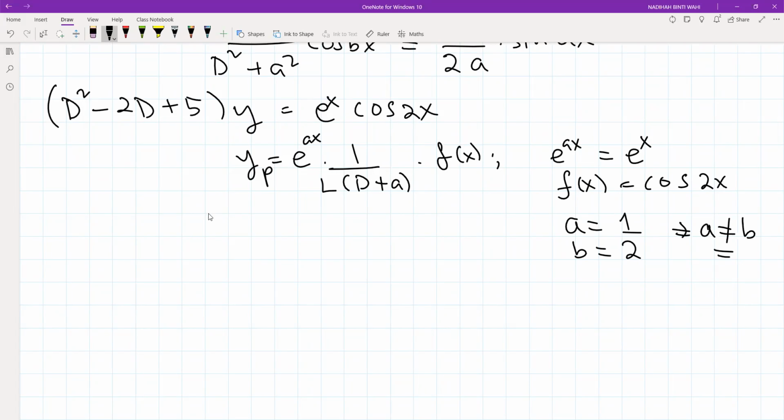So kita dah nampak bahawasanya 1 over, so let's try to evaluate L of D tambah A sama dengan D tambah A kuasa 2 tolak dengan 2 ditambah 1 tambah 5.